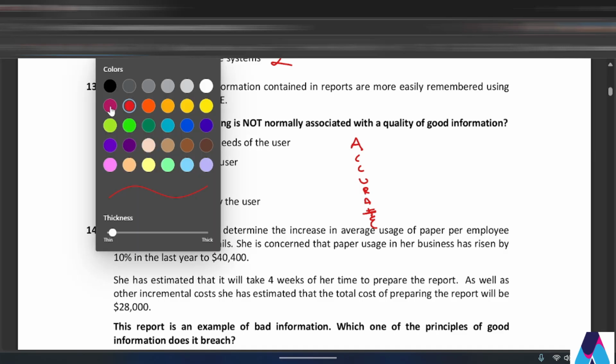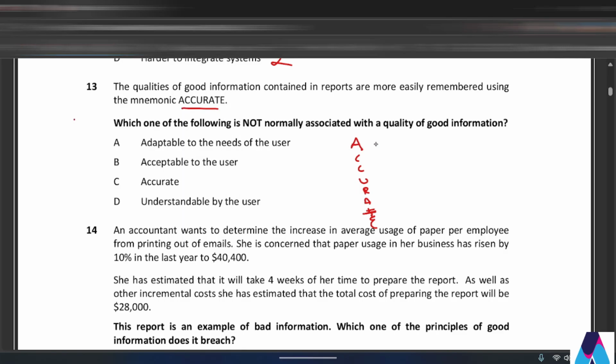And you know that A stands for accurate, C stands for complete, right? The information should be accurate, it should be complete, it should be cost beneficial, right? Okay, that is easy.